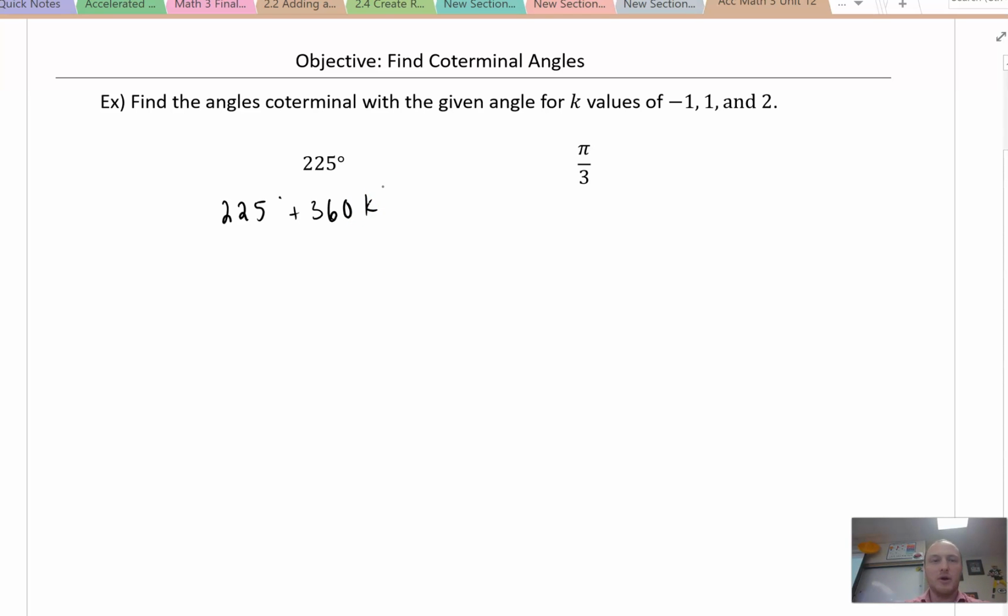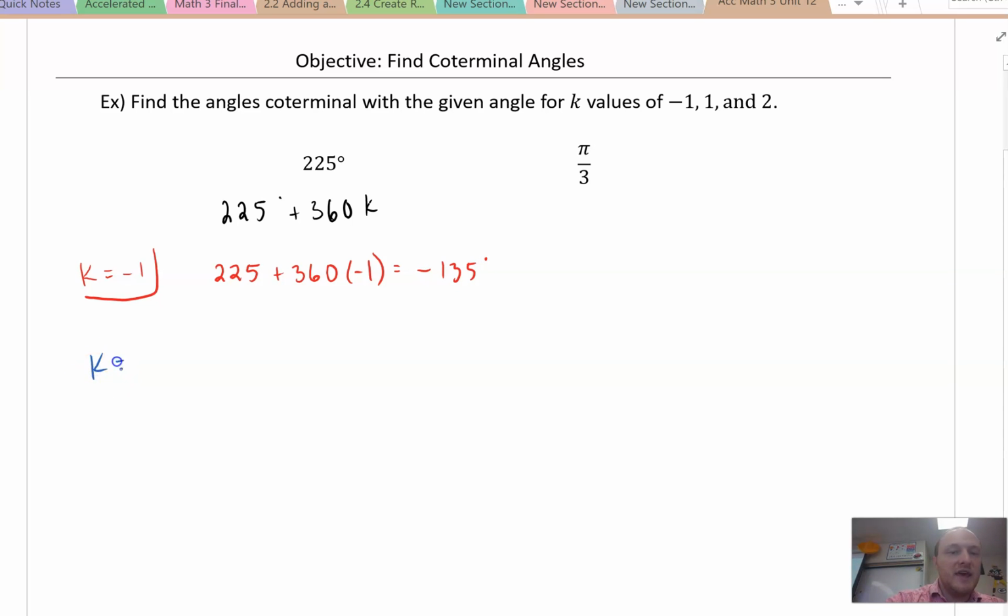But now I want to specifically identify what happens if k is -1. I'll take 225 plus 360, and I'm just going to drop in -1. So we end up subtracting 360 degrees, and this gives us -135 degrees.